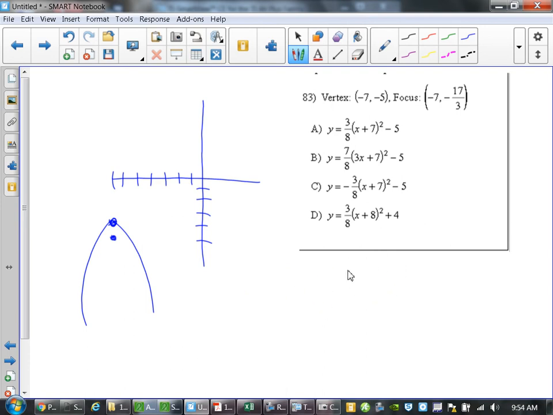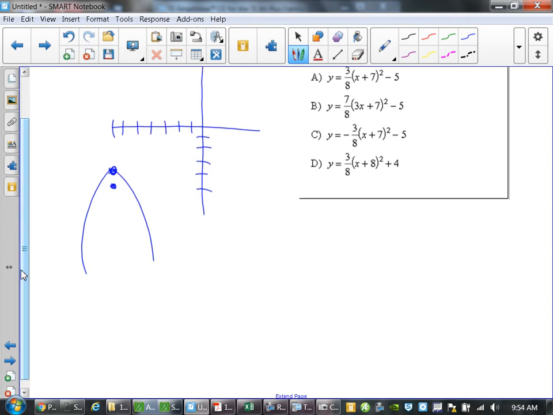Okay. So in this case here, remember the distance from your vertex to your focus is, excuse me, is what do we do? We set that equal to p? Is that 4p? Oh, that's right, because it's 4p times (x minus h) quantity squared equals (y minus k).